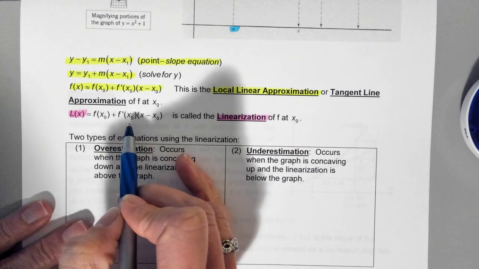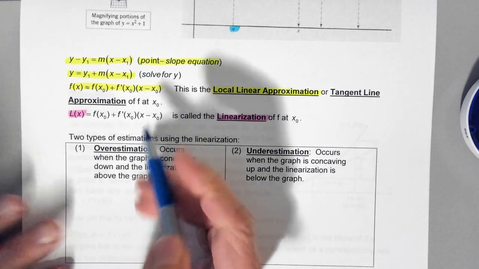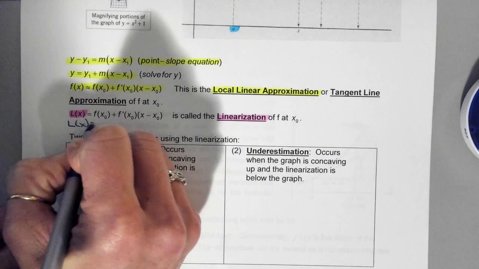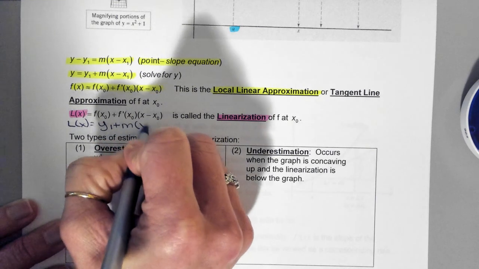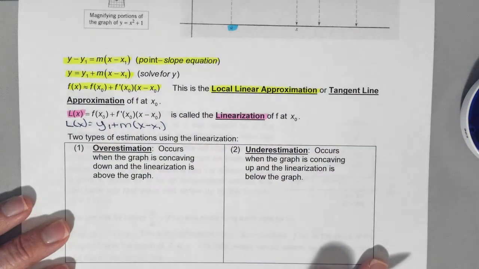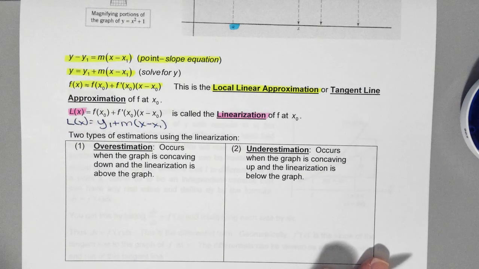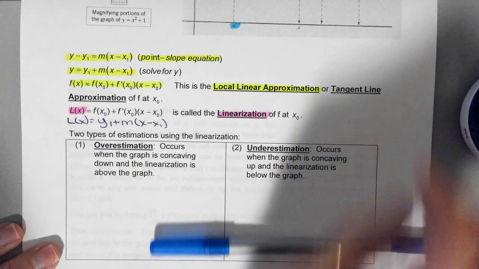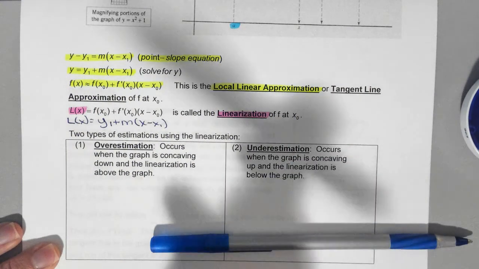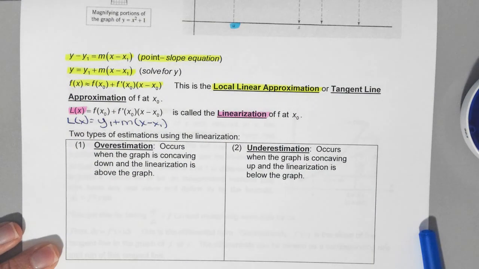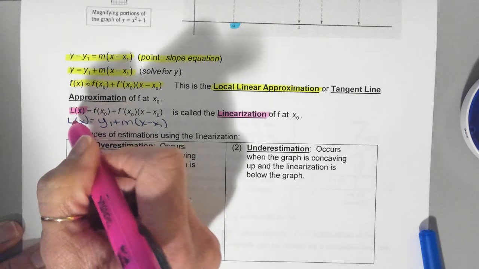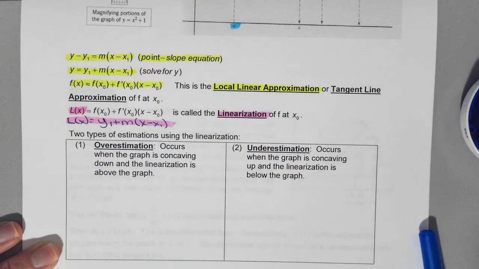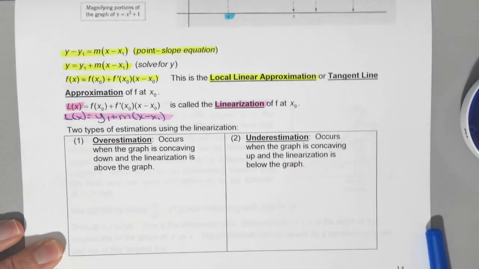All of this is everything that we have done before. So L of x is essentially y sub 1 plus m times x minus x sub 1. That's what all that fancy f of x sub 0, all that stuff means. It's everything that we've used before. The only thing we're doing, with our point-slope formula, is making it look a little bit fancier. Instead of y equals, we're giving it the title L of x. That's fine. We can do that.